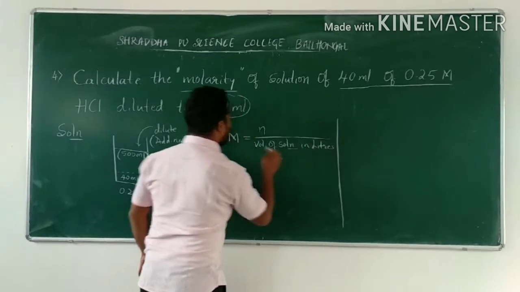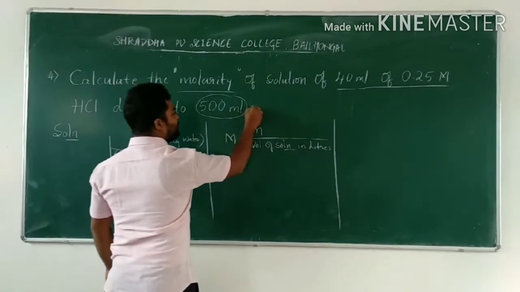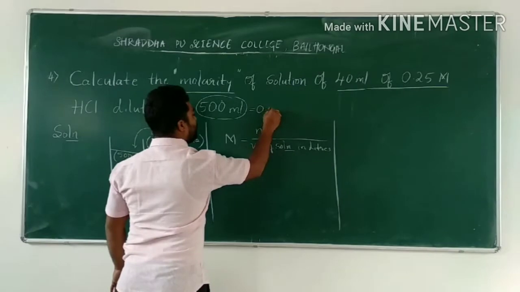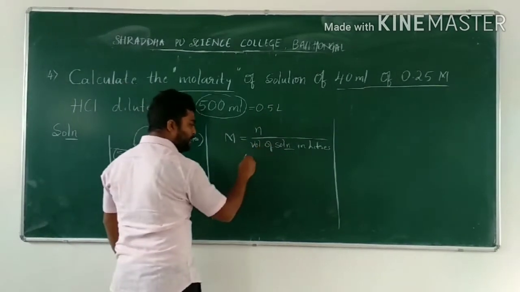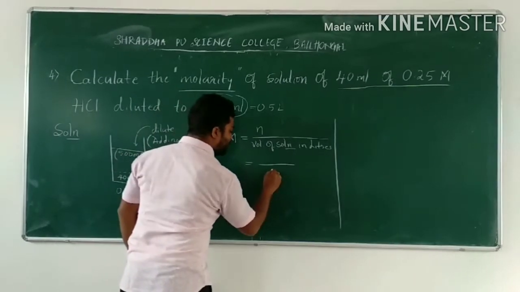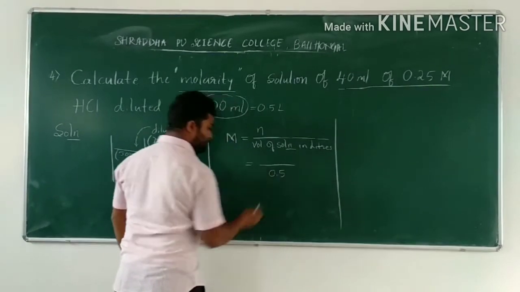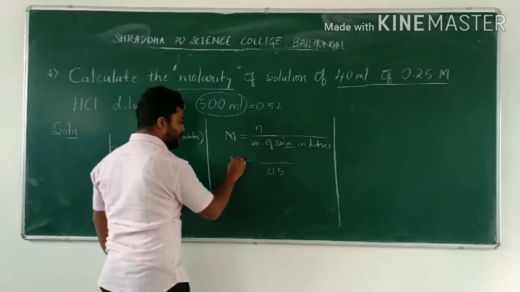This 500 ml is equal to 0.5 liters. So the denominator is clear, that is 0.5.